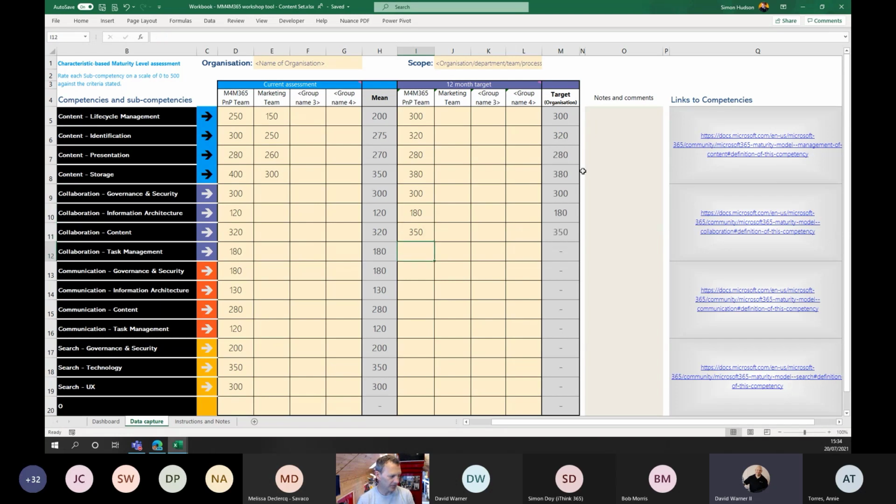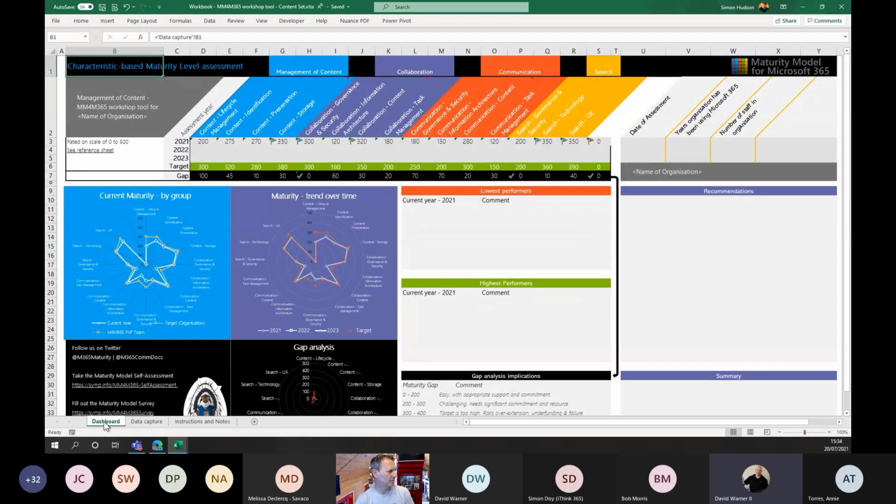Made some progress there. That's pretty solid now. Even better. Dragged that up to there. 300. Still room for improvement. 200. 360, 390. So if we now look at these numbers, we've now got a progress chart.